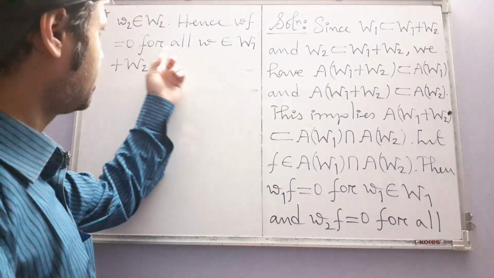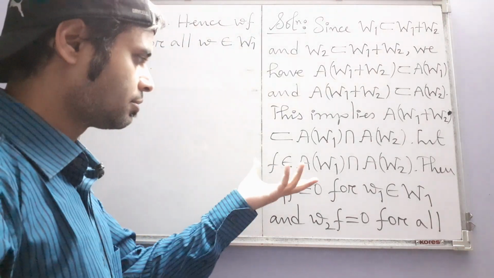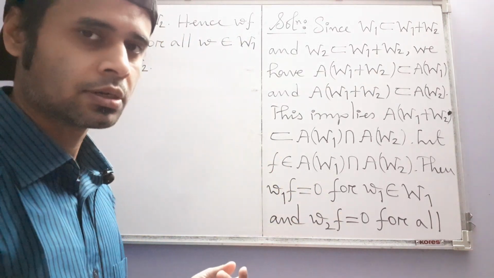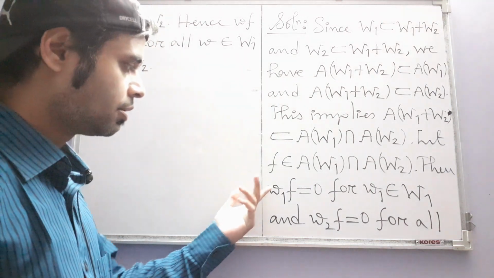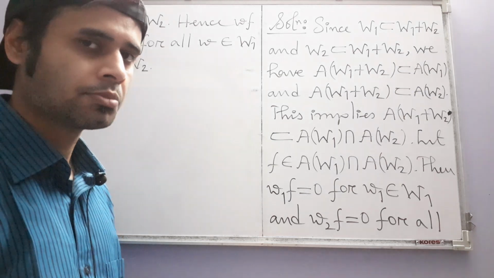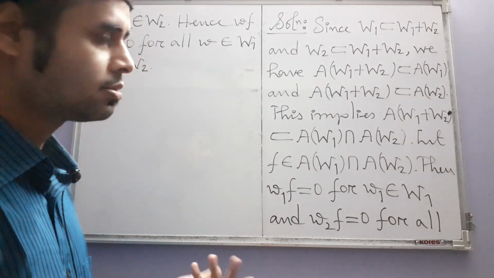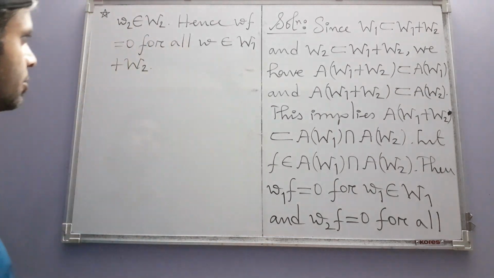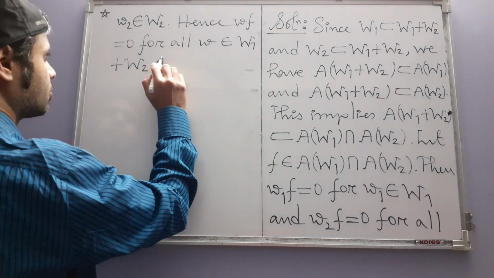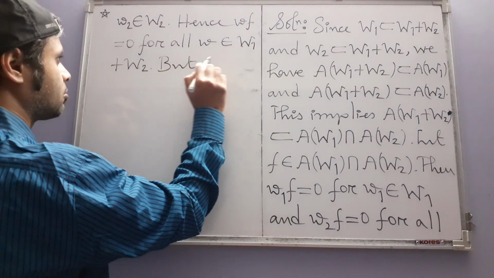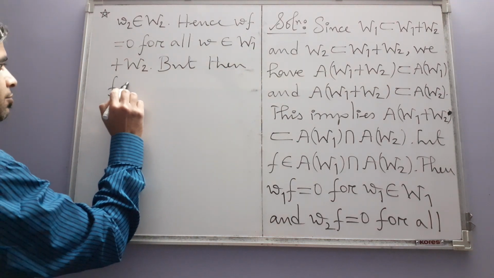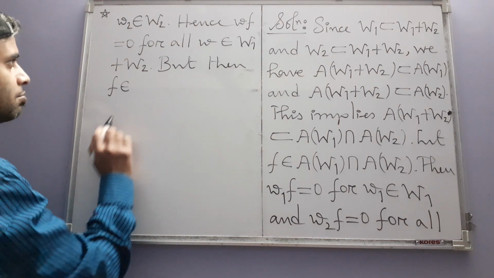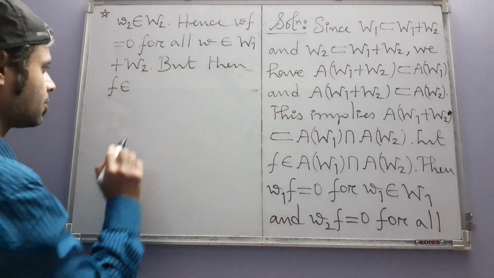Now when you apply f to such a w and hence such a sum, say w1 plus w2, since f is a linear transformation, that will be equal to w1f plus w2f, both of which are 0, so their sum is 0. So that's how this is also 0. But then f belongs to what? F belongs to the annihilator of W1 plus W2.